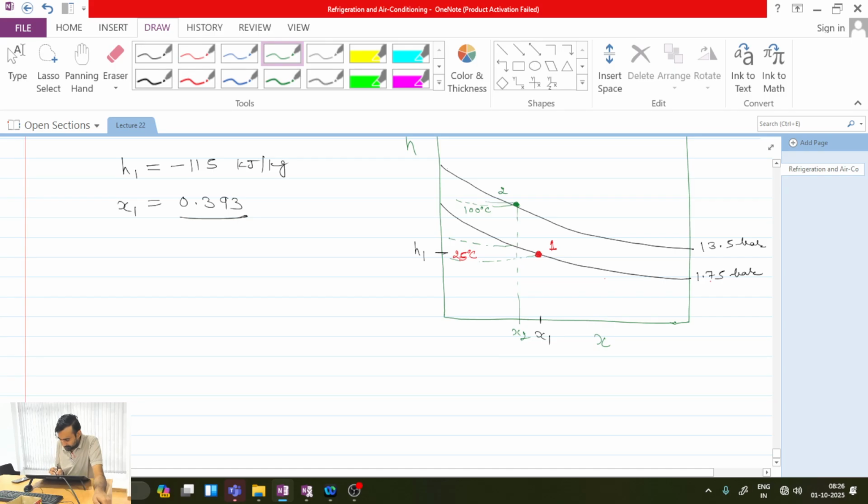X2 and, are you able to look at point 2? Please tell me. Have you located point 2 or not?